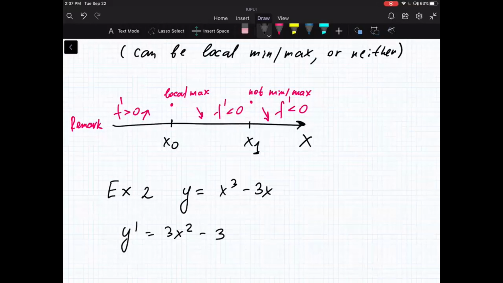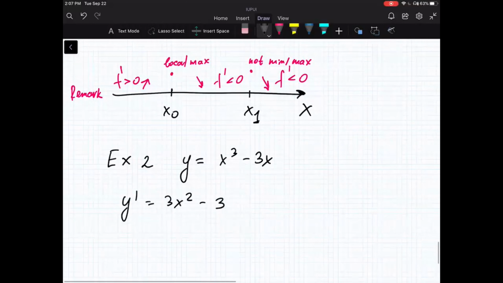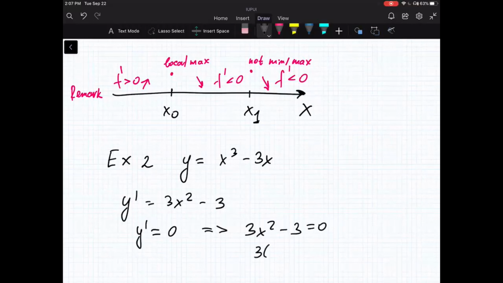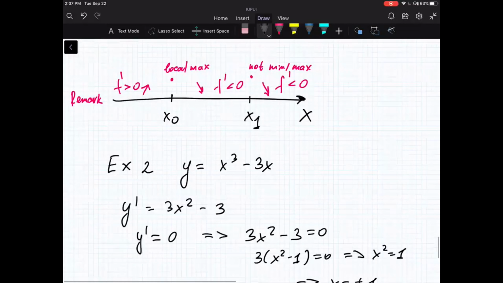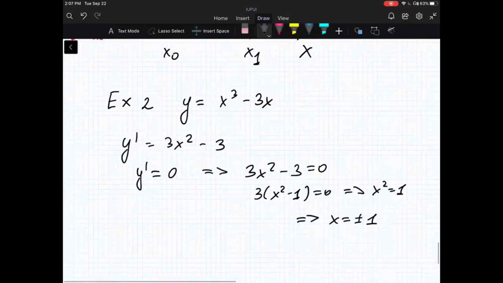If we're looking for the zeros of our derivative, we get 3x squared minus 3 is equal to 0, or 3 times (x squared minus 1) is equal to 0. That gives me that x squared is equal to 1, and that gives me x equals plus or minus 1. Before we put it on the line, we should consider the sign of the derivative and so on.